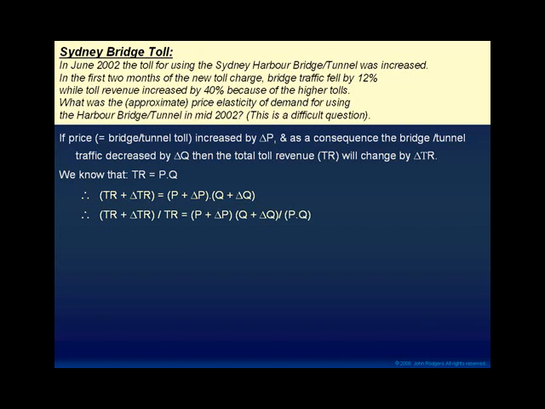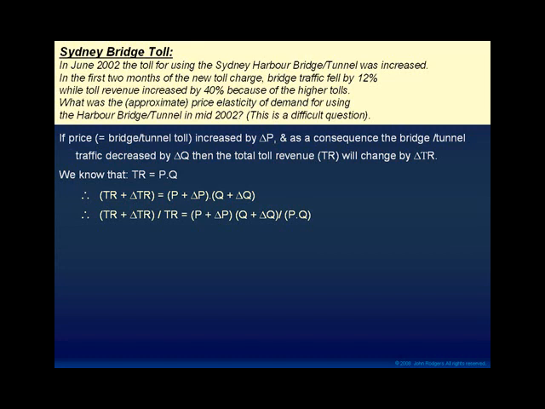If we divide both sides by total revenue, so on the left-hand side we're dividing by TR, and on the right-hand side we're dividing by P multiplied by Q, which is exactly the same as total revenue, then we haven't changed anything with our equation.